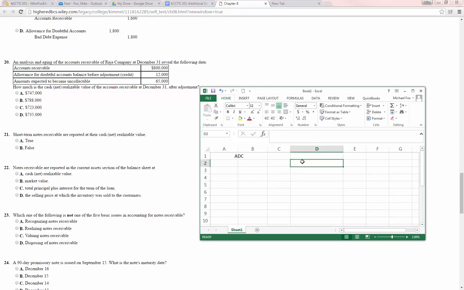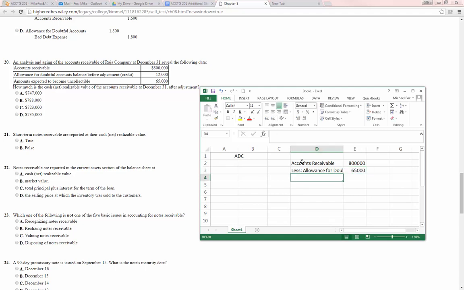So our balance sheet will look like this: accounts receivable, $800,000, less allowance for doubtful accounts of $65,000.